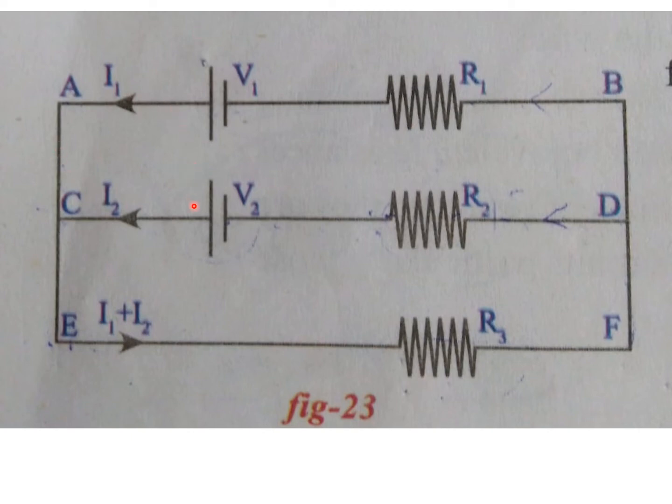Now the other loop starting with C can be C, D, F, E, C, or else C, E, F, D, C. The direction is different here, but the loop is the same. So when you see, there are two loops: the first one A, B, D, C, A and the second C, D, F, E, C. These are the two loops present here.